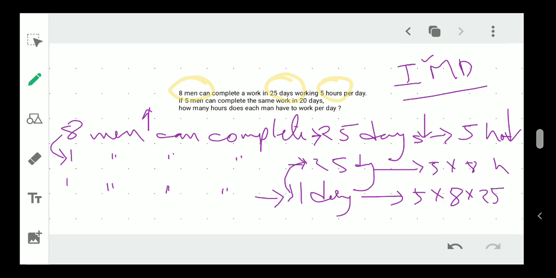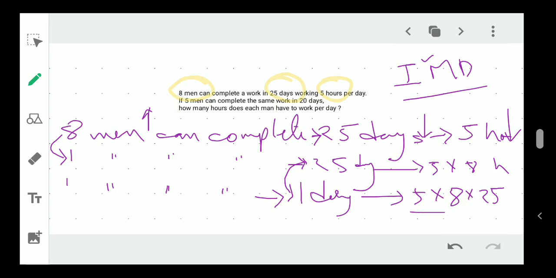That means in both cases, when I'm coming from men to 1, I multiply, and when I'm coming from 25 days to 1 day, I also multiply. So in both cases, when I'm coming to 1, I have to multiply in case of IMD, and at last I will divide.